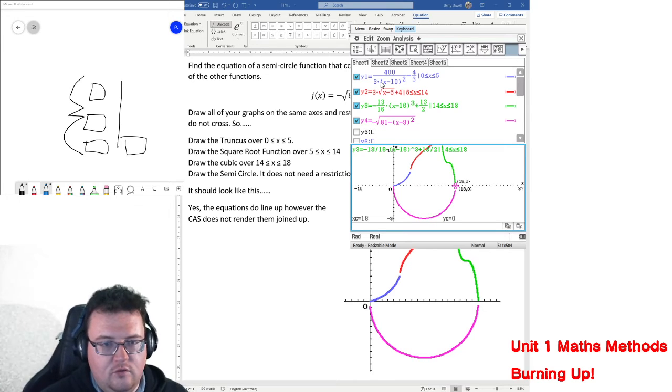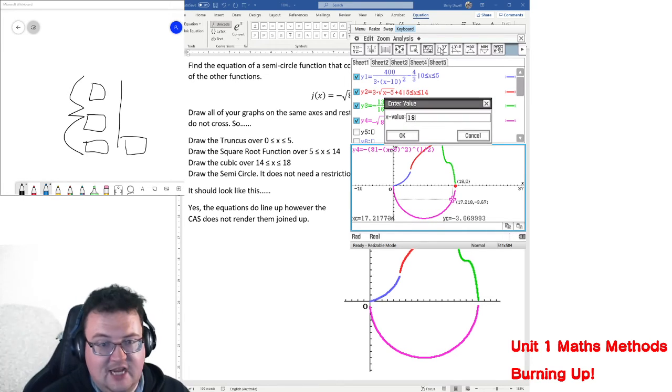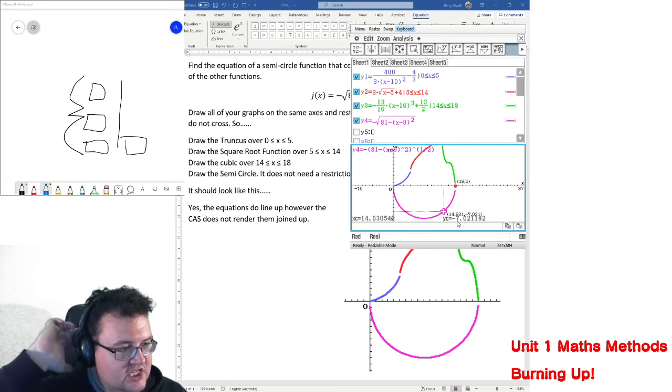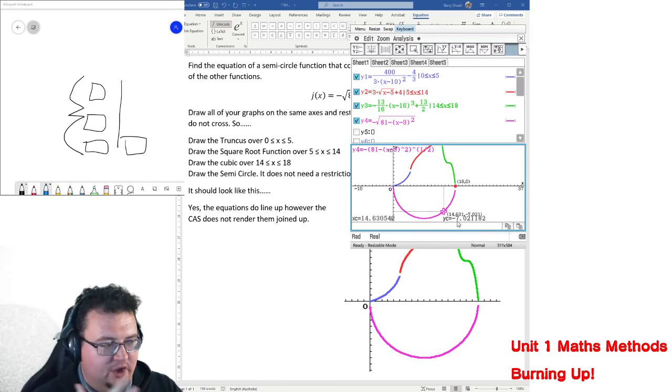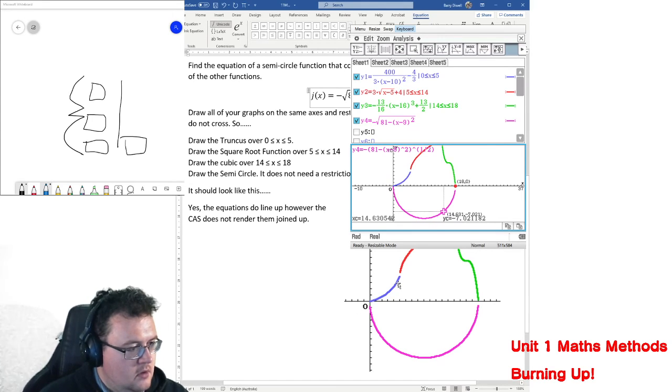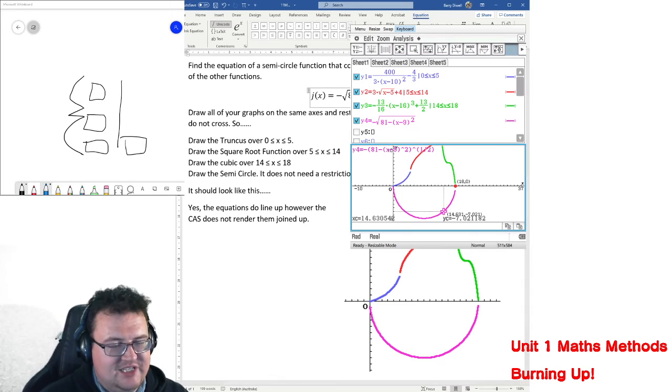And if I go to my circle graph, and I do go to the value of exactly 18, it does say 18, 0, it doesn't say undefined. All right, so even though the graph doesn't draw it, it's still there. The same goes for the other points where the graphs overlap. So here, that graph does indeed overlap. It's just not being rendered by the CAS. But that point actually does exist.